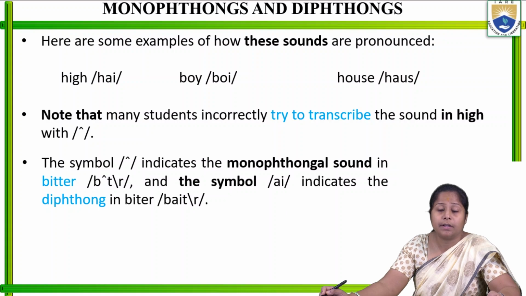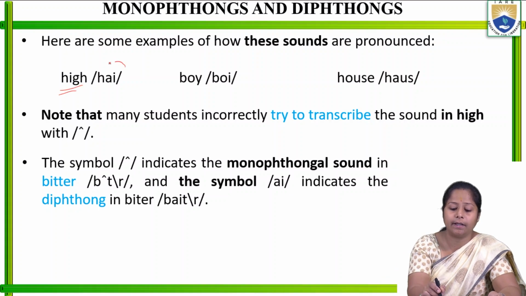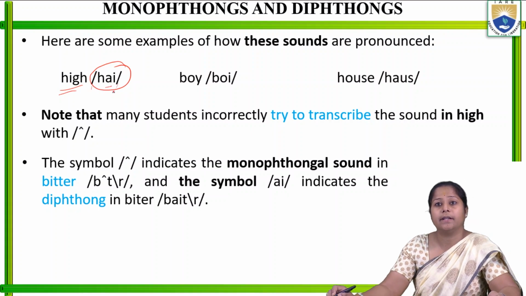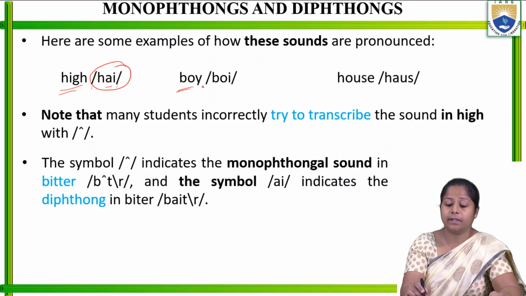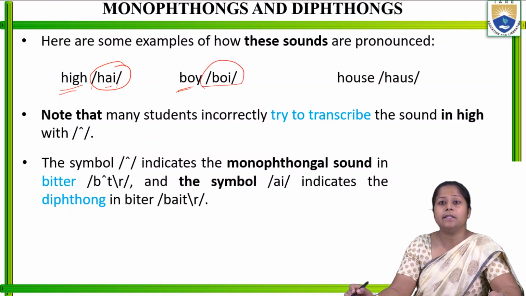So here are some examples of these sounds as they are pronounced. Hi will be written in the script like this, /HAI/. That is the version of hi whenever we need to write the transcript. Boy will be written within the transcript like this, /BOI/.